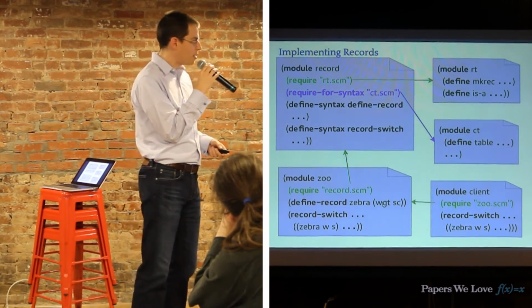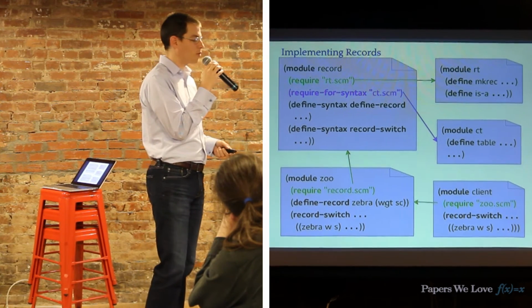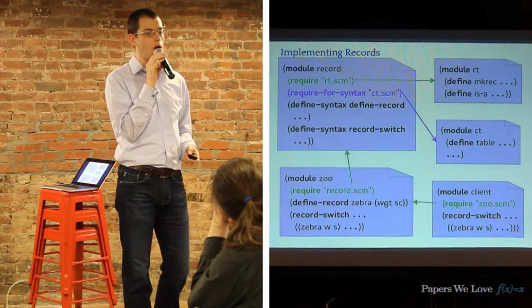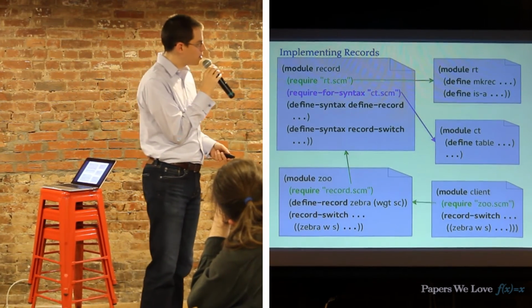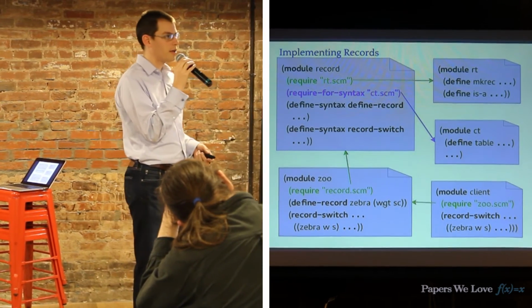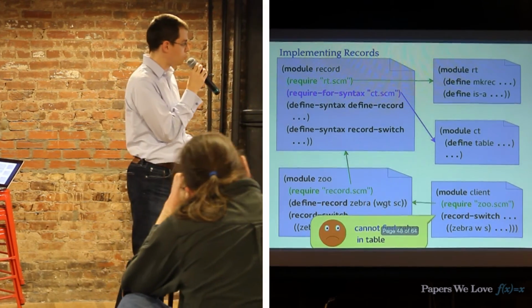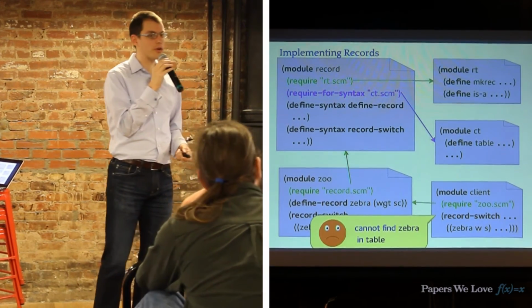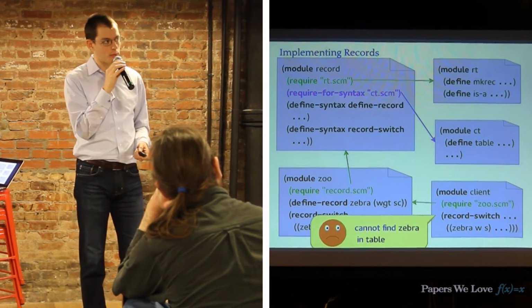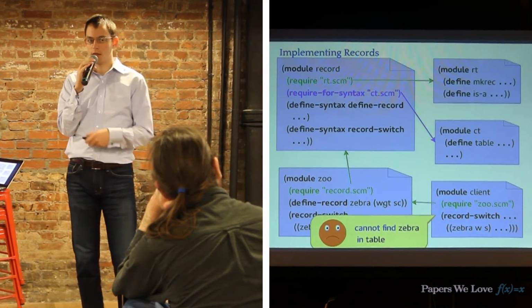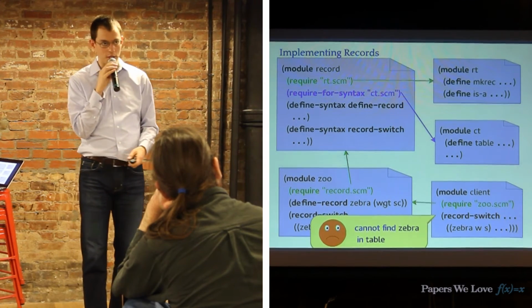But now let's imagine what happens if we're using our zebra definition from another module. Remember that each time we load a module, we create a whole fresh new state. Each time we expand a module, we don't share those mutable hash tables.